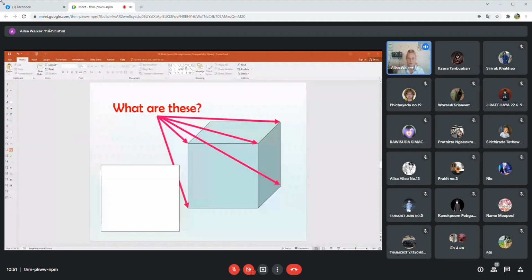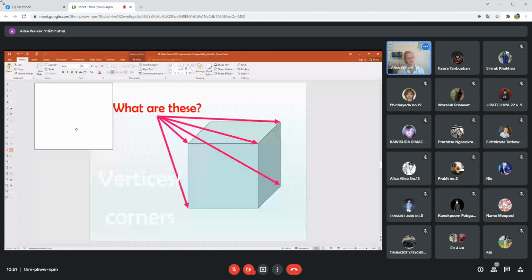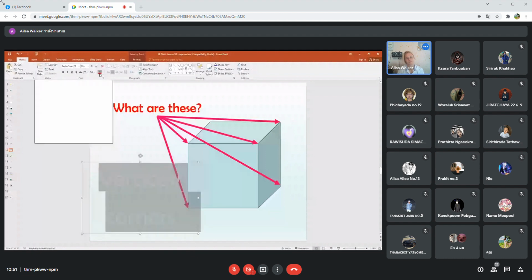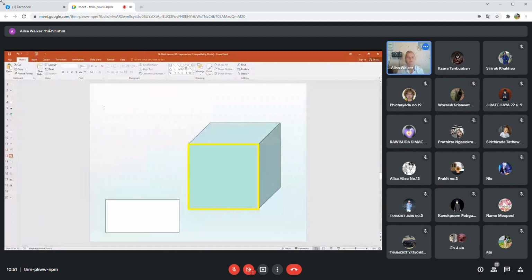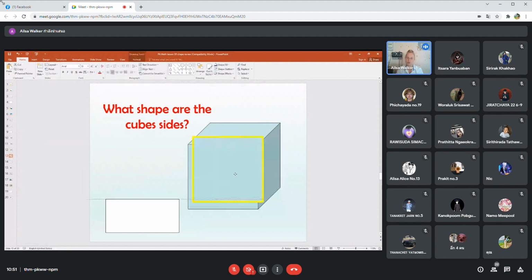Vertices or corners. Thank you. Oh, it's hard to see. So here is a cube. What shape are all the faces on a cube? Square. Yes, very good.